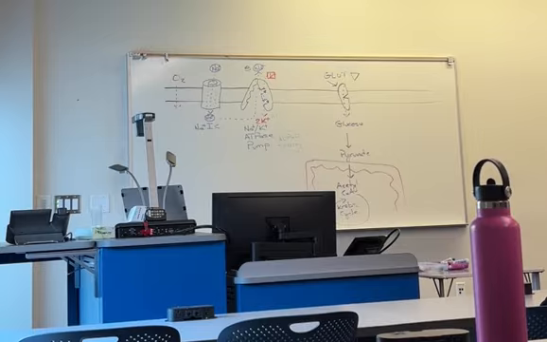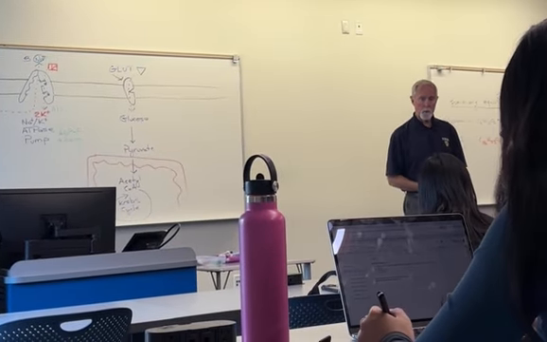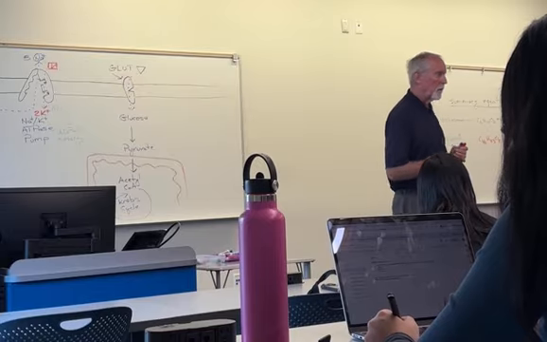So here's palmitic acid, 16 carbons, 32 hydrogen, and 2 oxygen atoms. In this reaction, we combine that with 23 molecules of oxygen, and we take 129 molecules of ADP, add 129 molecules of phosphate to that, we make 129 molecules of ATP.